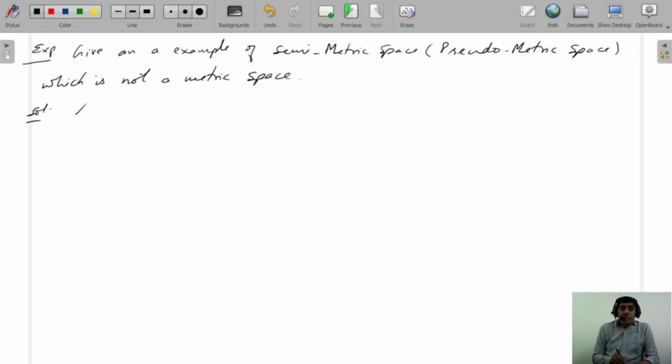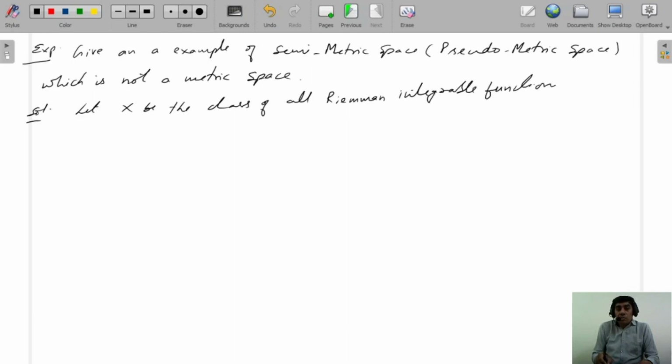Let capital X be the class of all Riemann integrable functions on a closed interval 0 to 1.